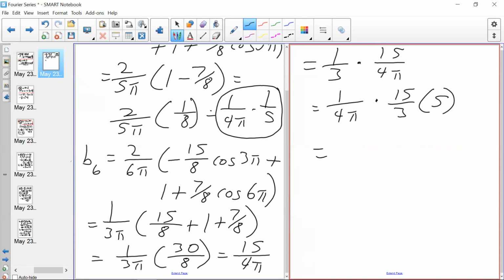So basically 1 over 4 pi times 5. And that's the B6 term.